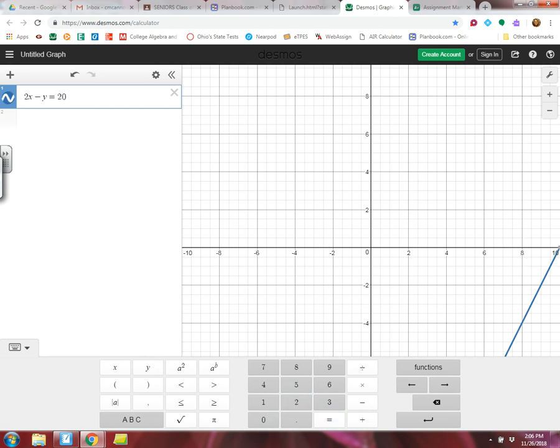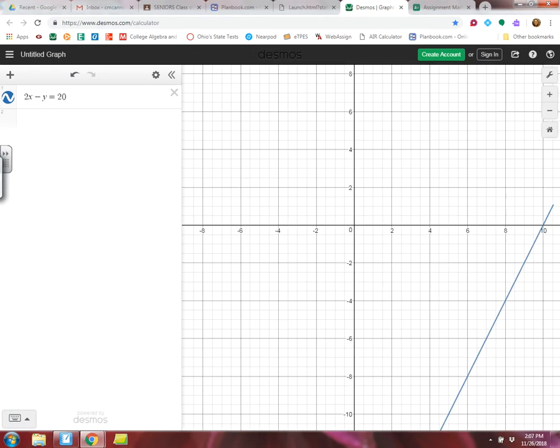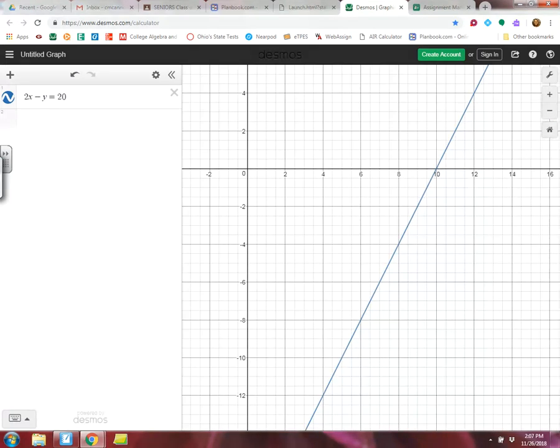Now, I need to remind you that you might have to rearrange your graph so you can see it. You might have to hit the plus button, hit the minus button, and move it around so you can see your line. Does your line look like my line? How's it looking?